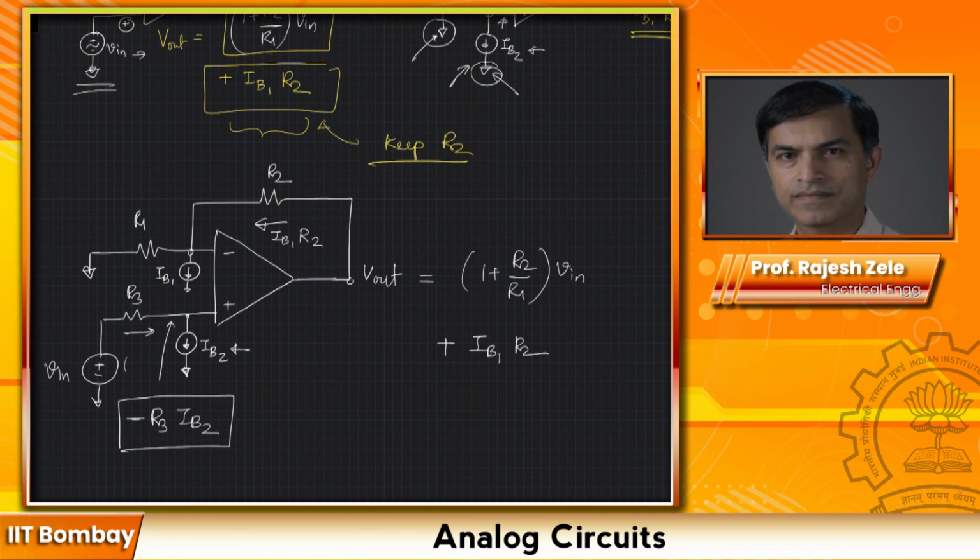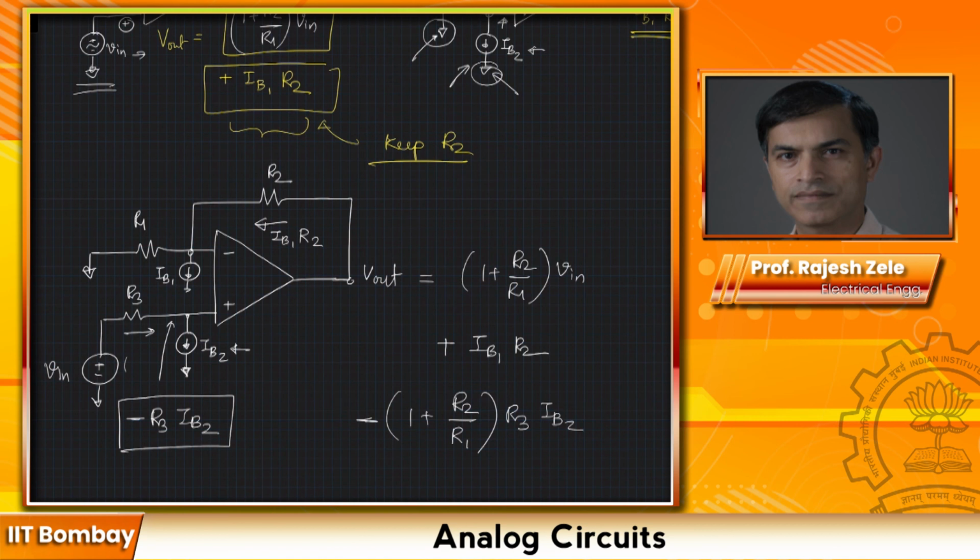So from the positive terminal to the output, you will have 1 plus R2 divided by R1, and then you have R3 times IB2, and that has a negative sign.